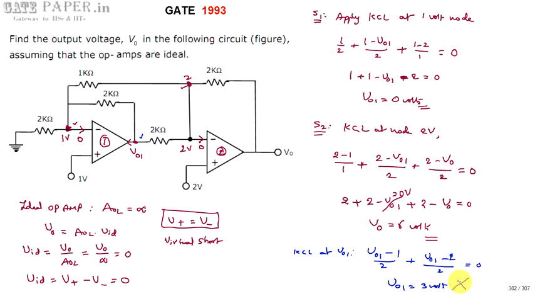But this is absolutely wrong, since the assumption of no current going into the op amp output terminal is wrong. There will always be a current, since the op amp internal circuit has a plus, minus and an R0. Always some current flows in this direction. You cannot neglect it. So don't apply KCL at the output of the op amp. Always apply KCL at the input of the op amp. It is very, very important. So the right answer for this question is 6 volts.